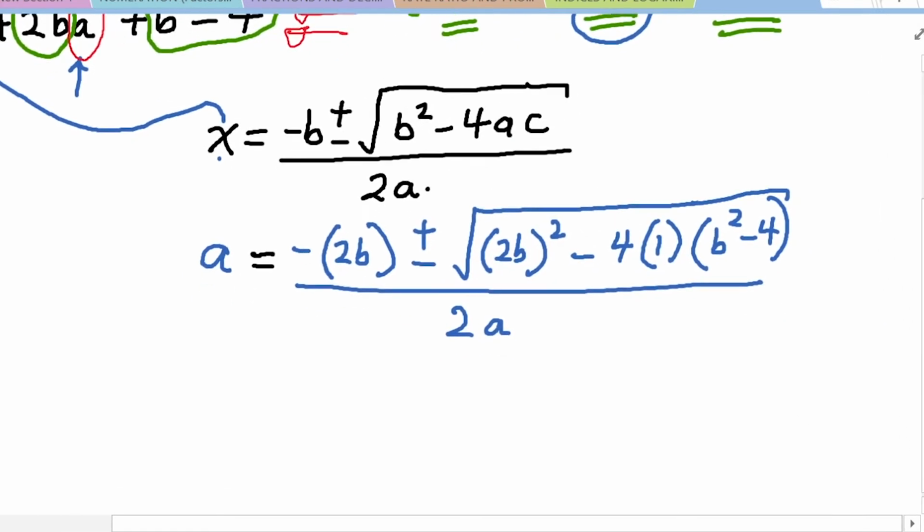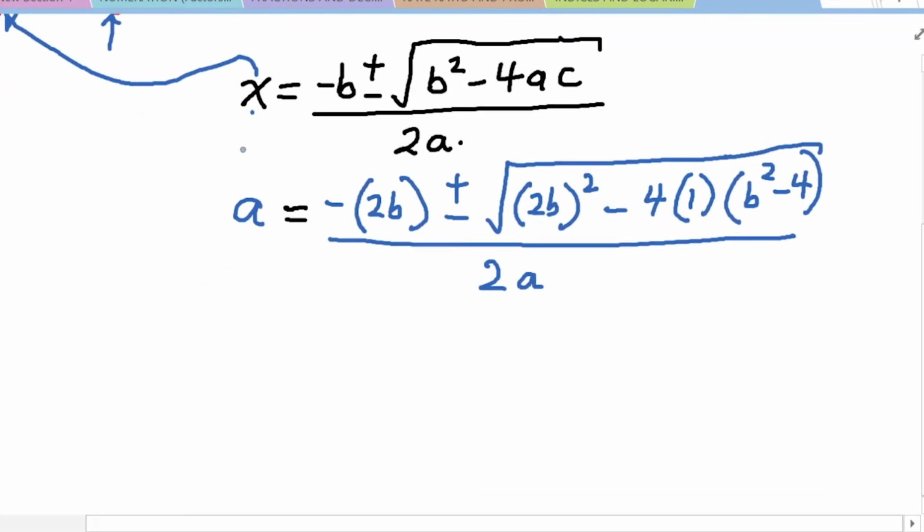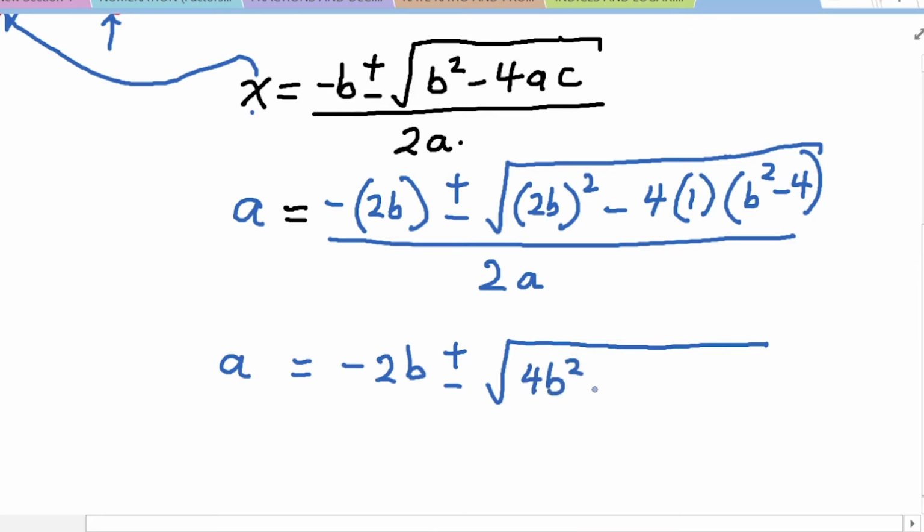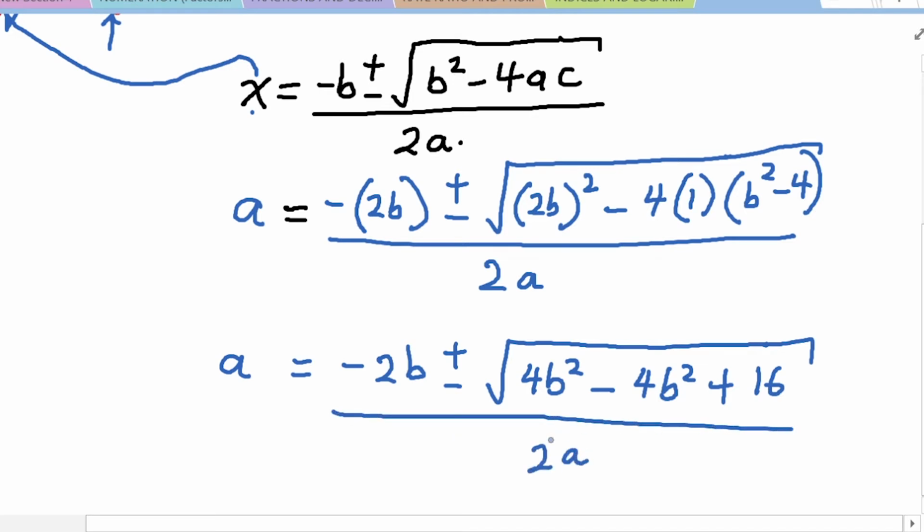So from there, my value of a is minus 2b plus or minus, let's solve the things in the brackets. This is going to become 4b squared, opening brackets, minus 4b squared plus 16. Divide all that by 2a.